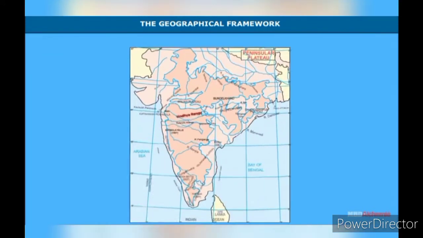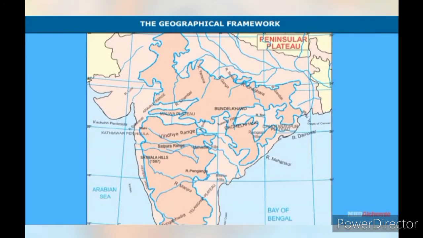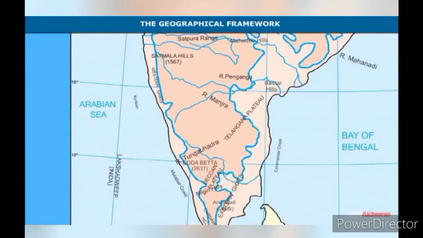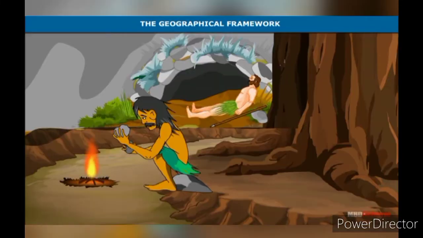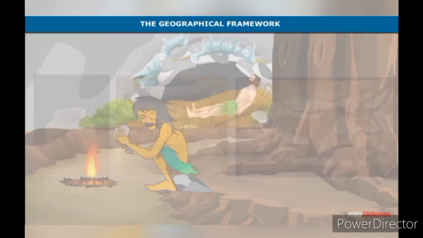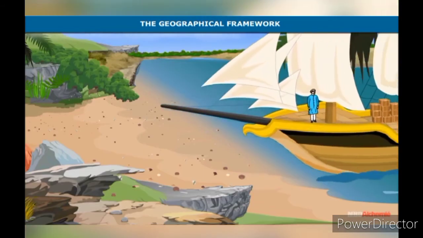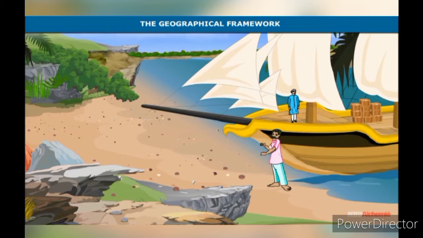To the south of these plains are the Vindhya mountain ranges. These ranges separate the northern plains from the southern part of the country. The southern peninsula has an elevated plateau with numerous rivers flowing. Evidence of early human settlement has been found in the valley systems of these rivers. There were a number of ports on the eastern and western coasts of the peninsula.